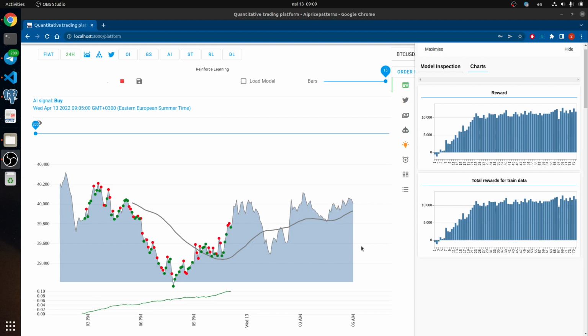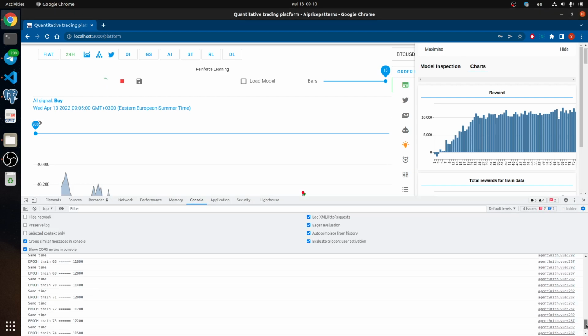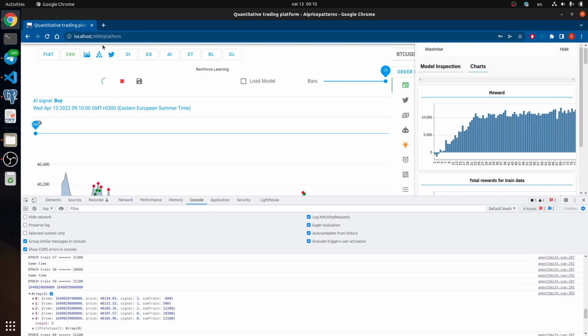So I'm going to implement a new feature, like trading in real time. For example, let's look at the console. I need to analyze some data. When I run this algorithm, I trade on a 5-minute bar, and I have 5 elements.